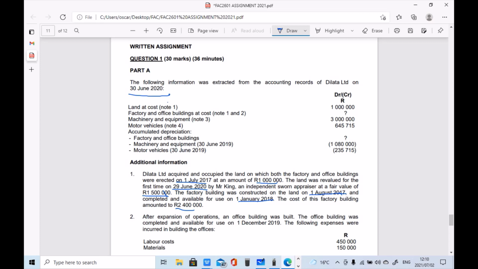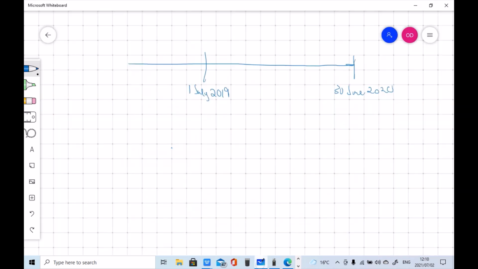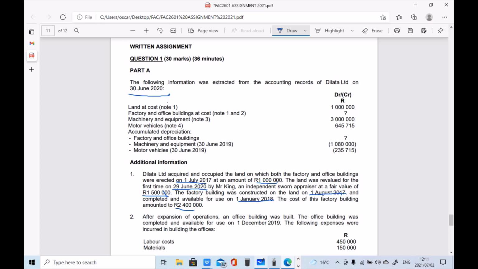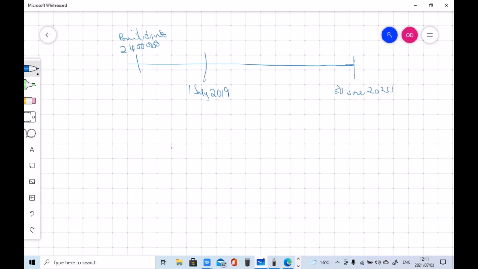Alright, so we need to know the depreciation from 1 January 2018, which is a date here. It was constructed for 2.4 million. That's the building. It was constructed at a cost of 2.4 million on 1 January 2018.